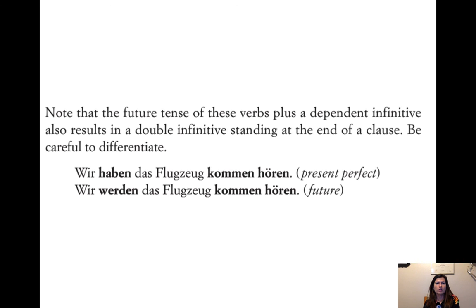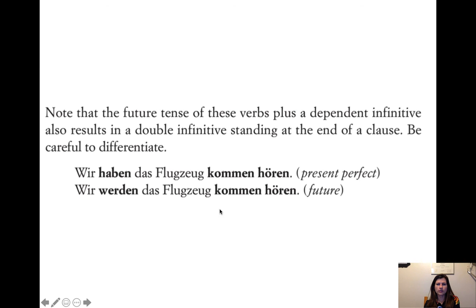Yeah. And then the future, also with a dependent infinitive, also results in a double infinitive at the end of the clause. So let's just look at these examples. Wir haben das Flugzeug kommen hören. That's just like the other ones we were just looking at. We heard the airplane come or coming. And then with the future tense, it's a different verb tense, but the structure is basically the same, except instead of haben, we're going to use werden.